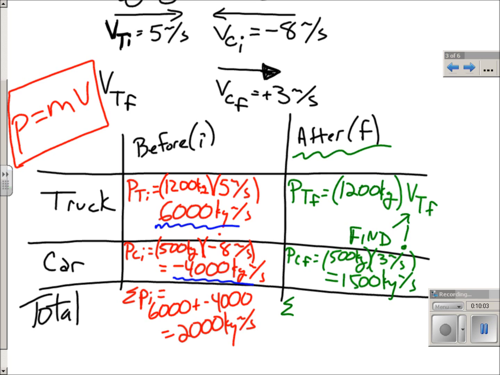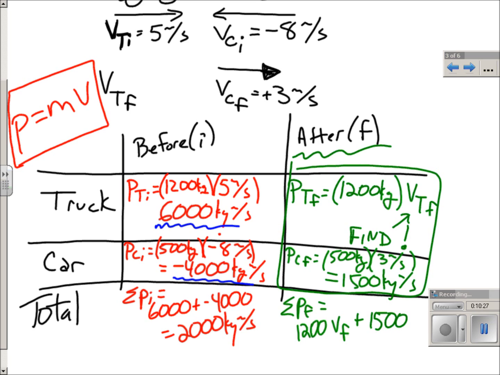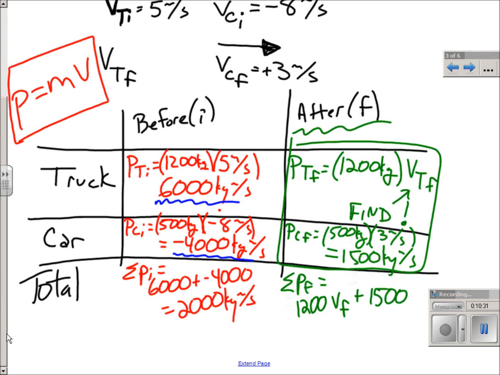So what that means then is my total momentum final is those two things added up. The two things that I've written in green added up. It's 1,200 kilograms times VF plus 1,500, right? So I just added those two up. Okay? So we are almost done here, you guys. Check it out.